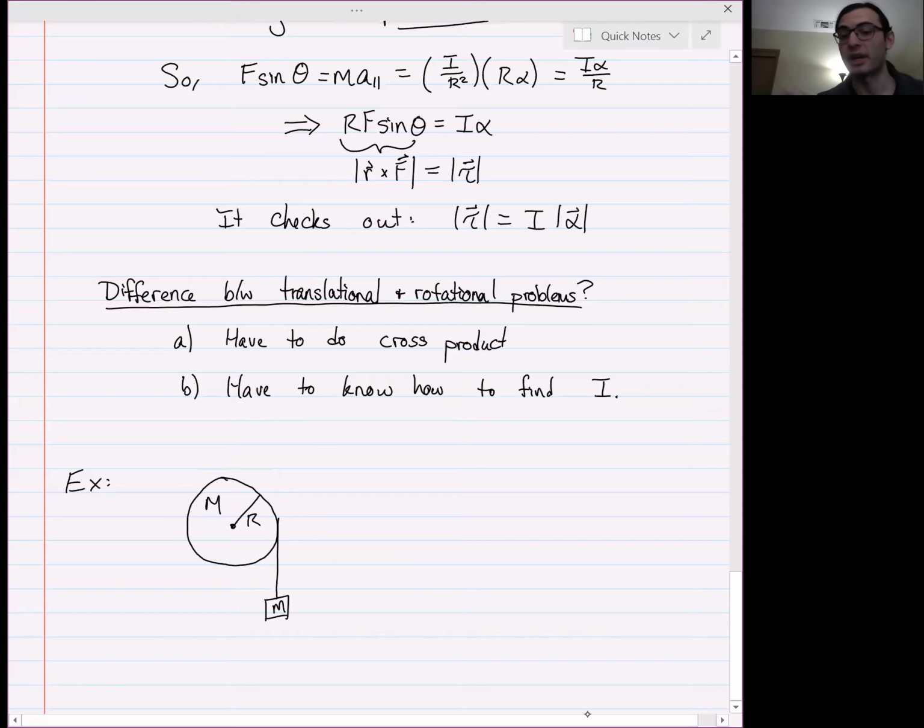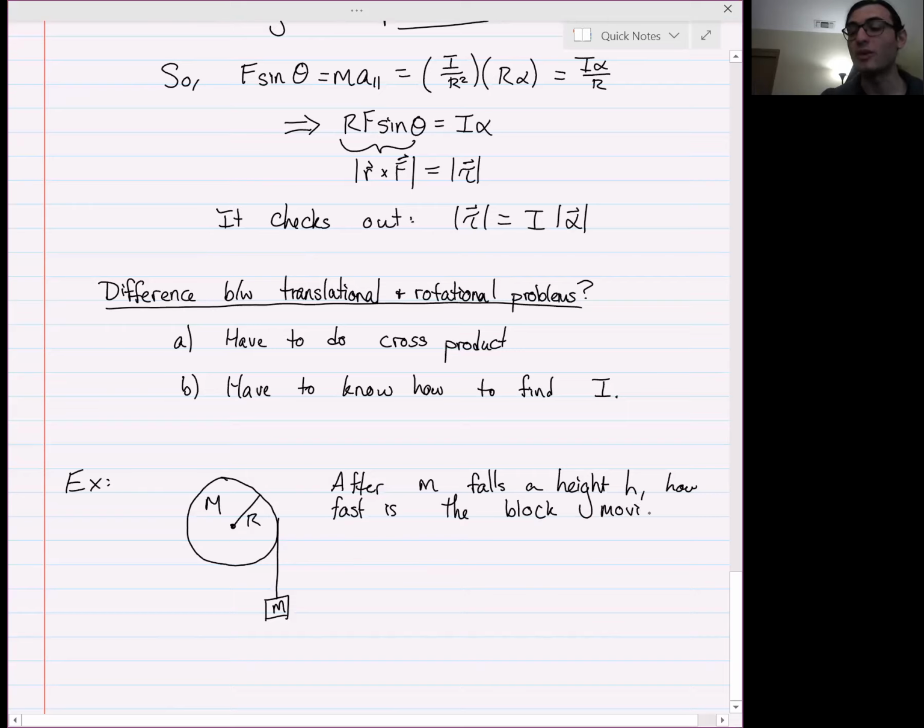So the question that we want to answer here is, after m, the little block, falls a height h, how fast is the block moving? That's a question that we can now answer.